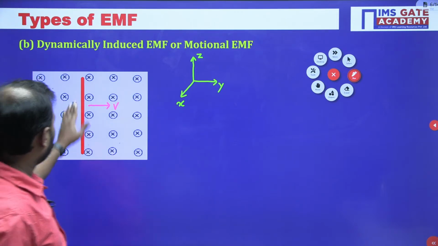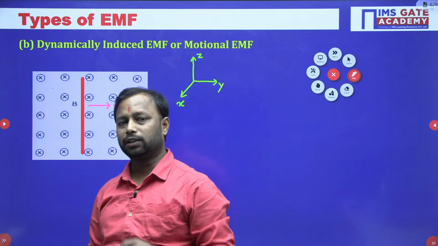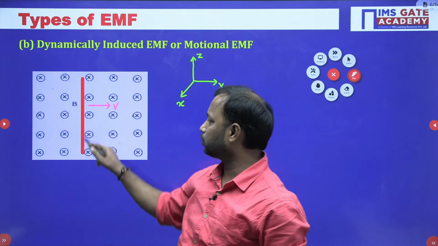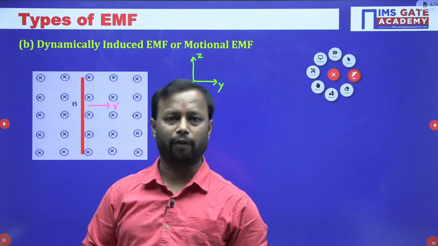So we know that in the conductor we are going to have charges, because of that only the current is going to flow. So you are going to have charges over here, and these charges will be positive and negative as well.